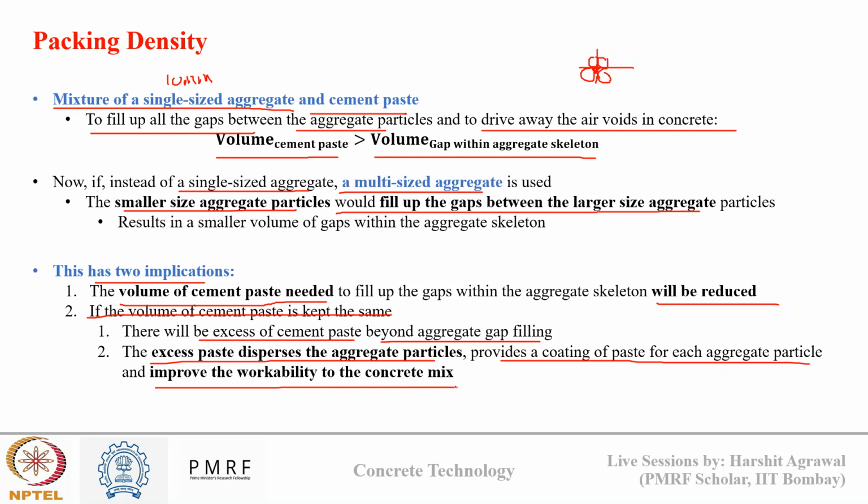So in this way, a multi-sized aggregate system will differ from a single-sized aggregate system. Simply saying, in a multi-sized aggregate system, aggregates by themselves are acting as a filler for their coarser version, rather than requiring cement paste to fill the voids.